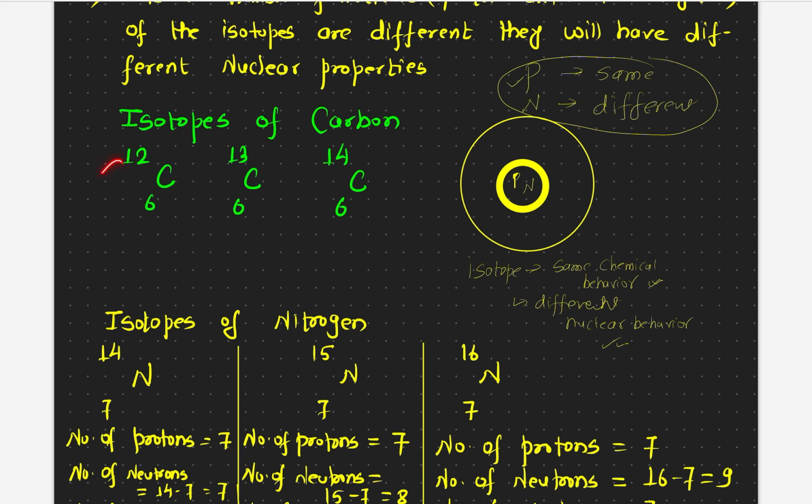This one has 6 neutrons, this one has 7 neutrons, and this one has 8 neutrons. How do we know that this one has 8 neutrons? 14 minus 6 is 8. 13 minus 6 is 7, so it has 7 neutrons. 12 minus 6 is 6, so it has 6 neutrons.